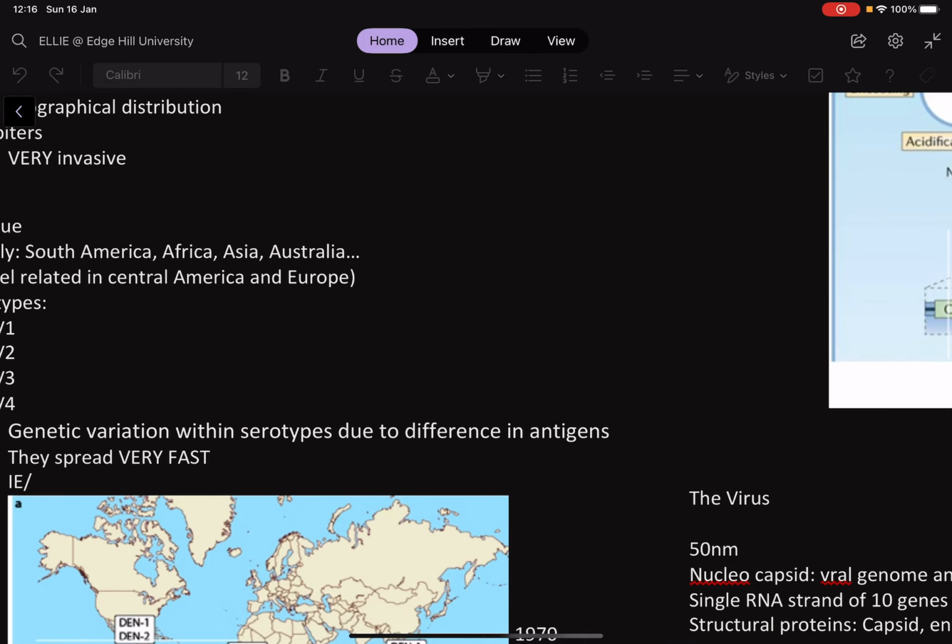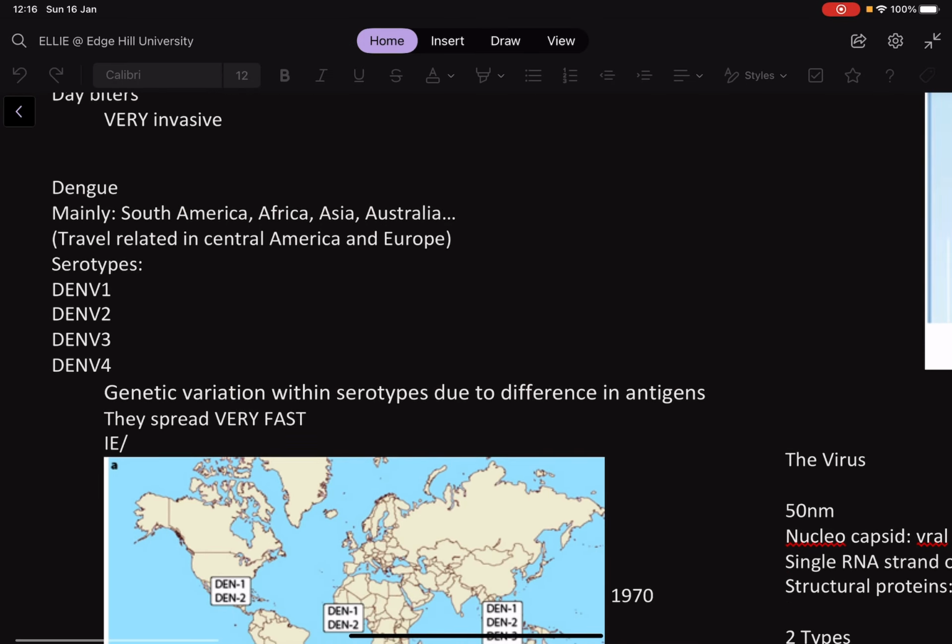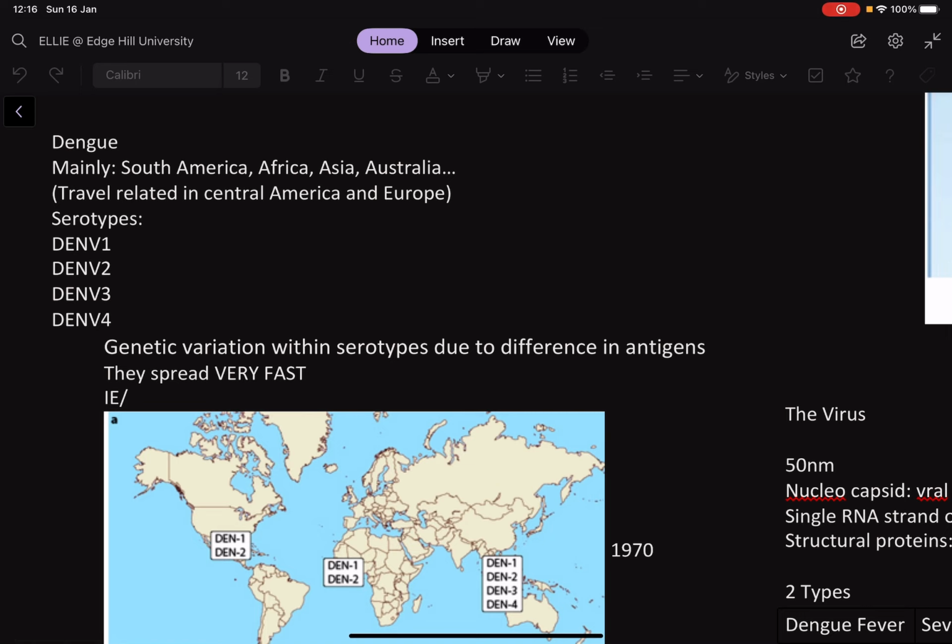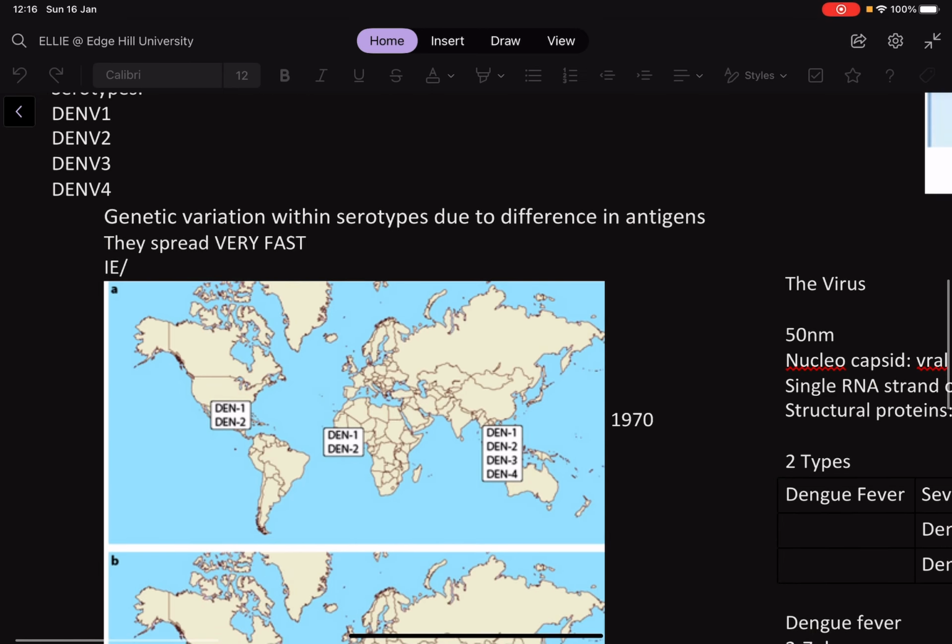So, what about dengue? So there are four different serotypes of dengue. You've got Dengue 1, Dengue 2, Dengue 3, Dengue 4. It's mainly in the Americas, Africa, Asia, and Australia. You can see here how fast it did actually spread because of how invasive the species of mosquito is.